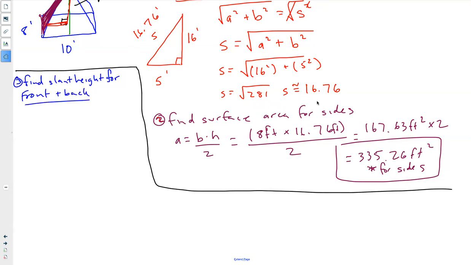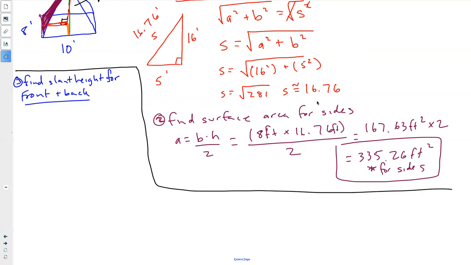Similarly, we're going to try to find a right angle triangle in the front here for the front and the back. Coming towards us right here, it's 4 feet, because it's half of the 8-foot base.